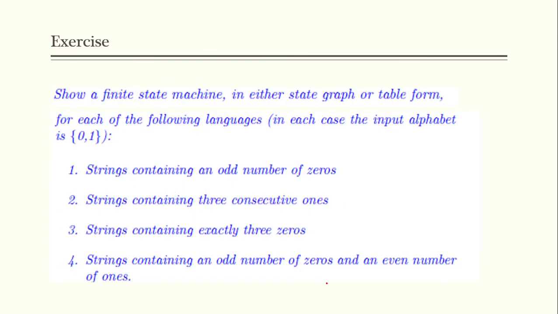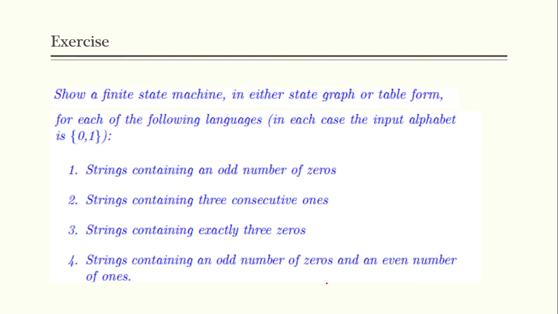Okay, some exercise for you to try on. Show a finite state machine in either state graph or table form for each of the following languages. So does it mean state diagram or state table? That is what it means. For each of the following languages, in each case the input alphabet is 0 and 1.